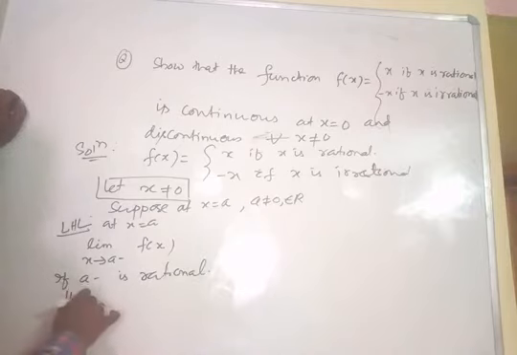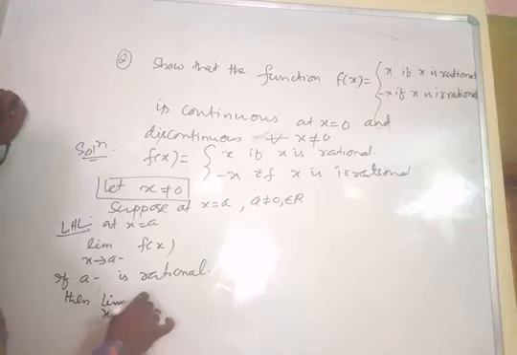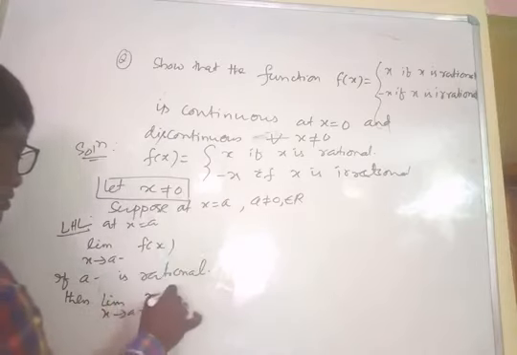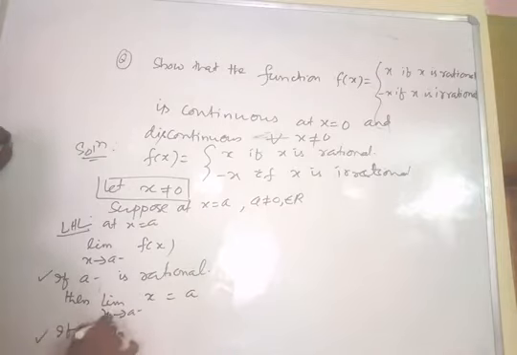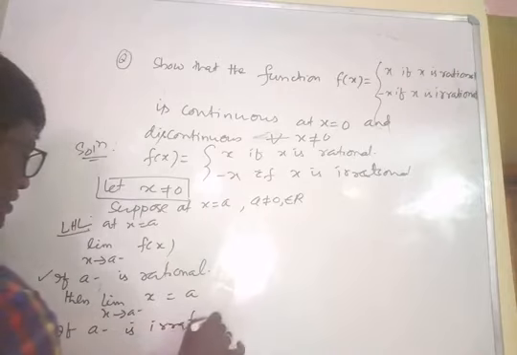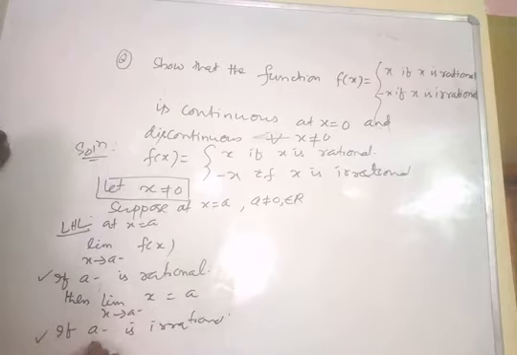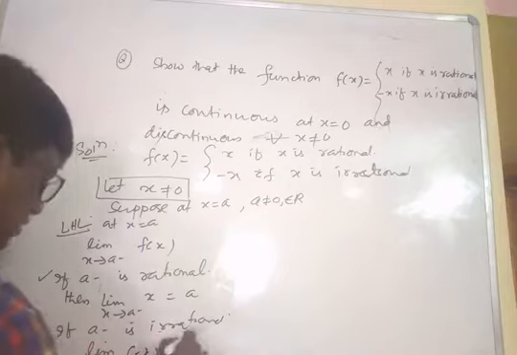Then limit x tends to a minus of f of x means x, which is equal to a. This is case 1. In another case, if a minus is an irrational number, then limit x tends to a minus gives minus x, which is equal to minus a.